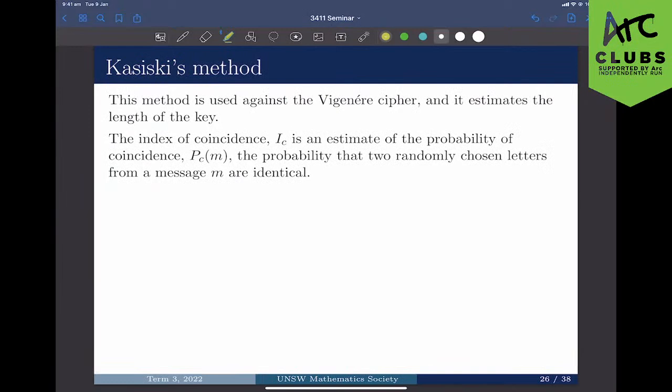And the way we're going to be able to calculate and estimate this length is through the probability of coincidence. That's the probability that 2 randomly chosen letters from a message are identical. But when it comes down to it, we're going to be looking at something called the index of coincidence, which simply estimates this probability of coincidence.